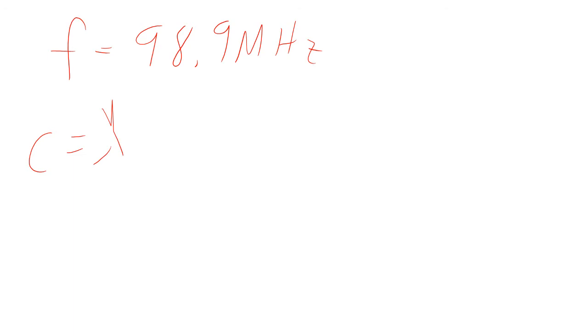Well, let's consider one particular radio station. A radio station has a frequency of 98.9 megahertz. We know that the way waves work, c equals lambda f, so lambda, the wavelength, is c over f.